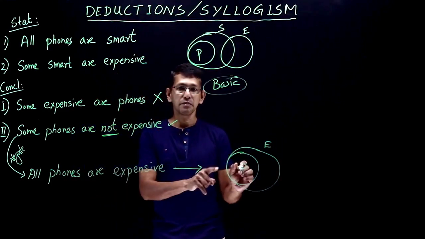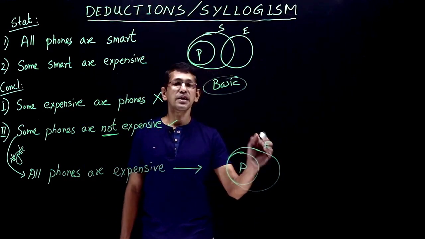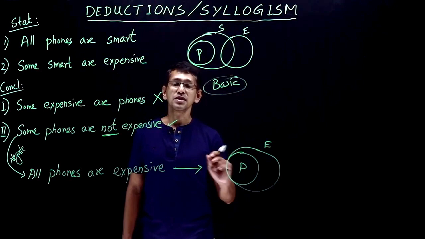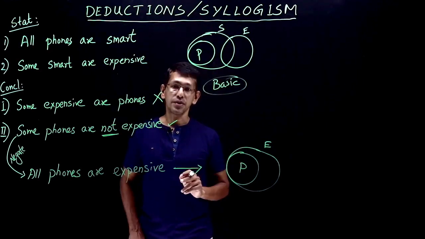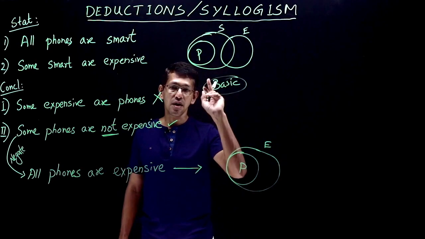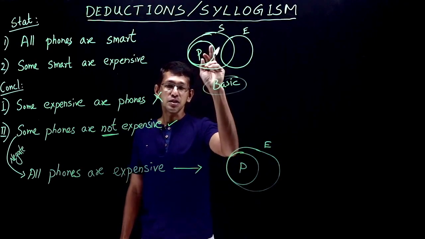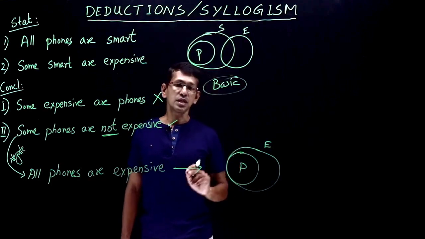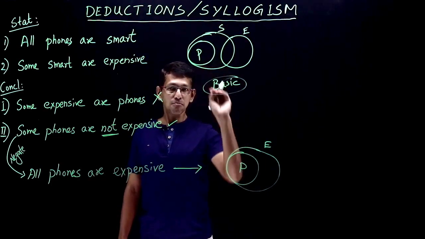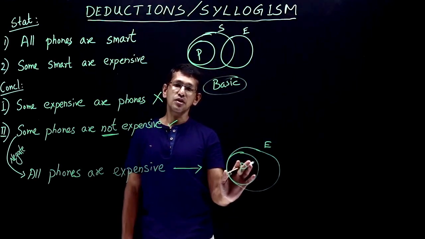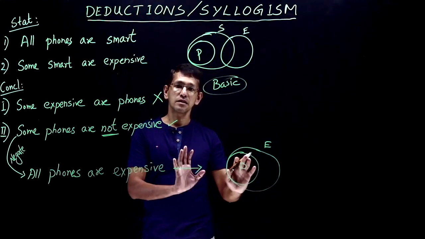Now, in this new diagram, we have phones and we have expensive. What is it missing? That is smart. You have to check the connection between smart and phones and smart and expensive as well, because we need to bring smart into this diagram to make it complete.